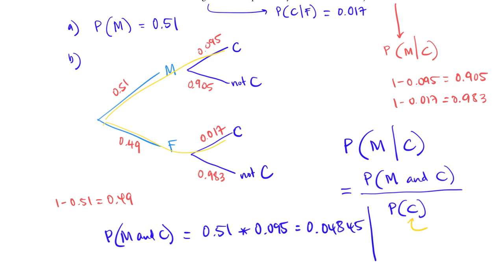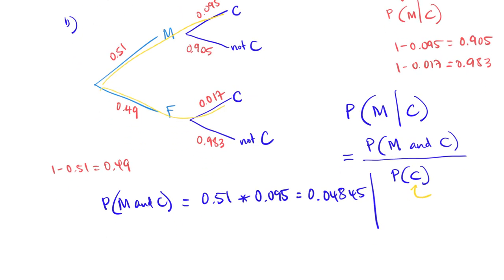In the denominator, the probability of C is 0.51 times 0.095, that is the first branch, plus another way to get to C, which is 0.49 times 0.017.